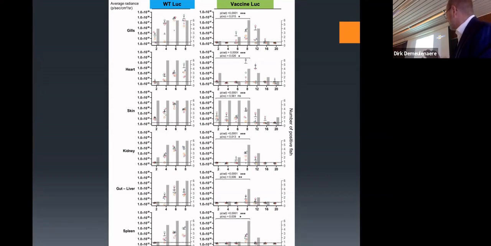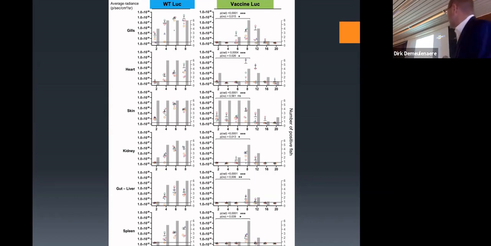And then the gray bar represents the number of positive fish among the 6 fish analyzed per time point. So you have a kind of general view of the data, but if you want to zoom in and see individual data, you can trace them in the figures. So obviously, the gray bars are the easiest way to analyze the data.